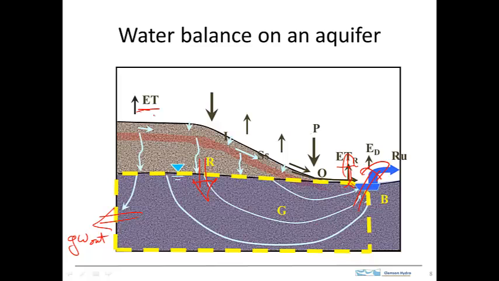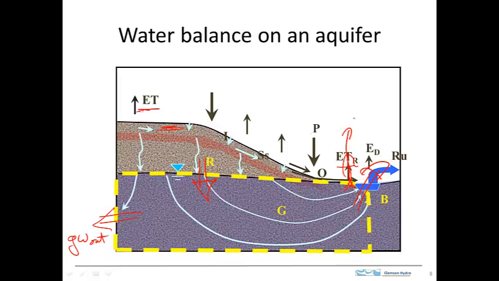The plants up here, regular trees, aren't able to get down to the saturated zone, to the water table. They just pull water out of the relatively shallow vadose zone. So these guys here, the riparian evapotranspiration, can access the saturated zone. So we would include the riparian evapotranspiration here in the balance.